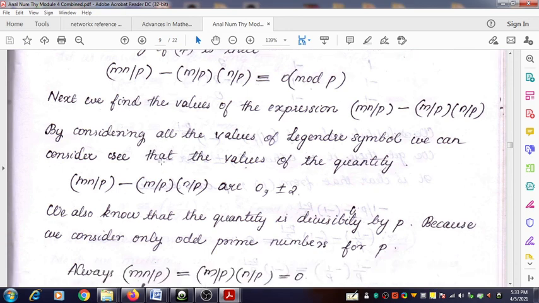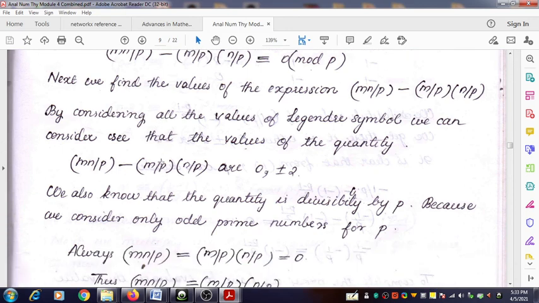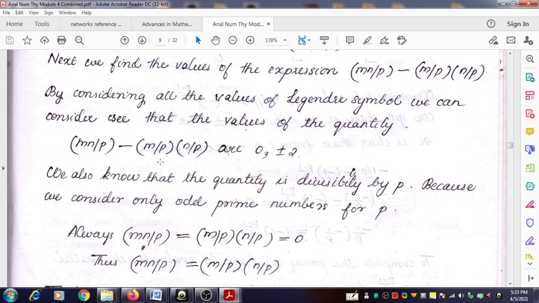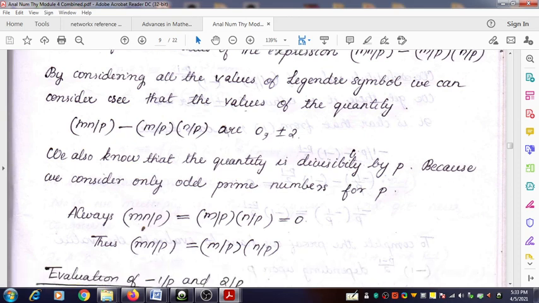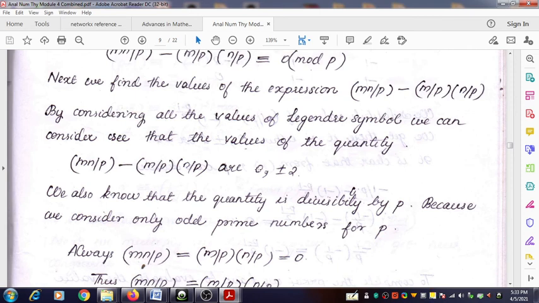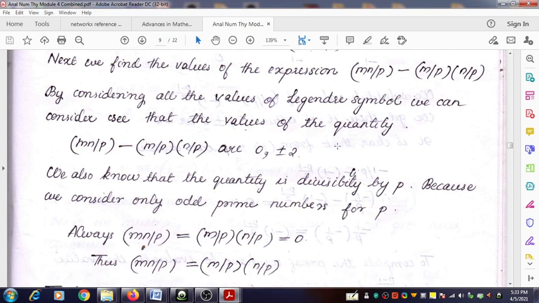And therefore that removes the possibility that the quantity equals plus 2 or minus 2. So out of the three possible values, 0, plus 2 or minus 2, we can now eliminate the values plus 2 and minus 2. So it becomes clear that the final value of the quantity is equal to 0.